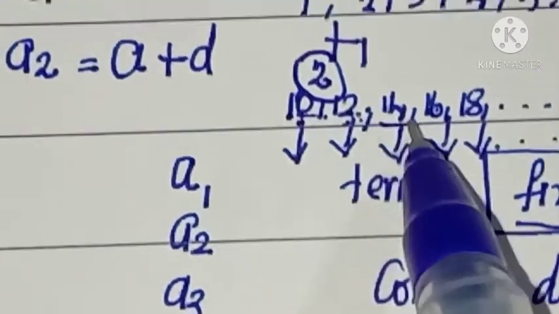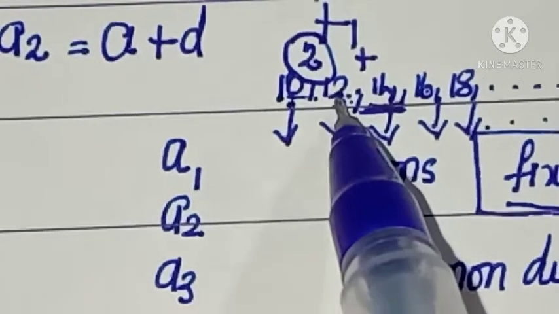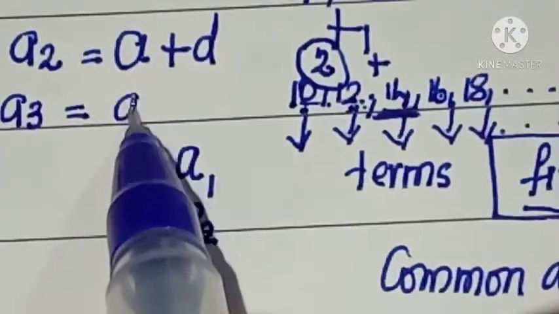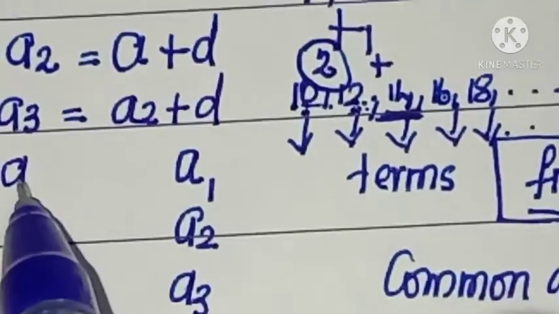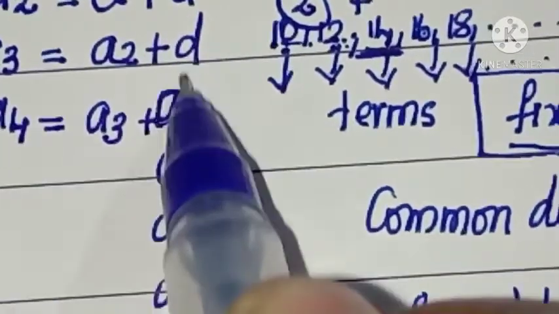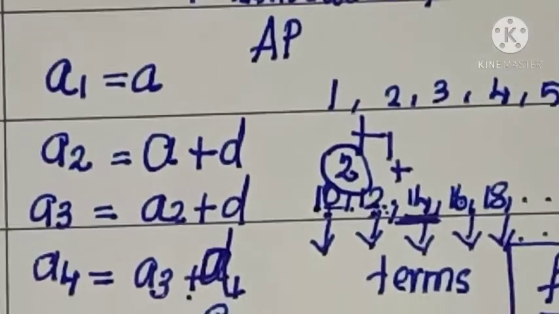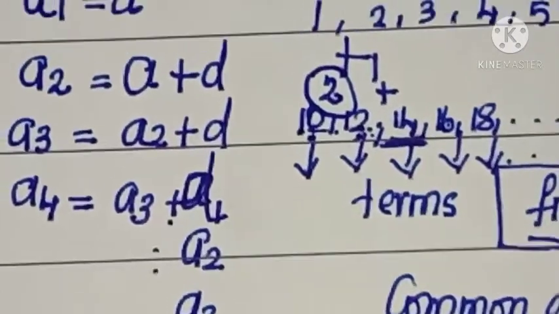The third term is obtained by adding 2 to the second term, so the third term is the second term plus the common difference. The fourth term is obtained by adding the common difference to the third term and so on. Using this concept we can generalize how to find the nth term.